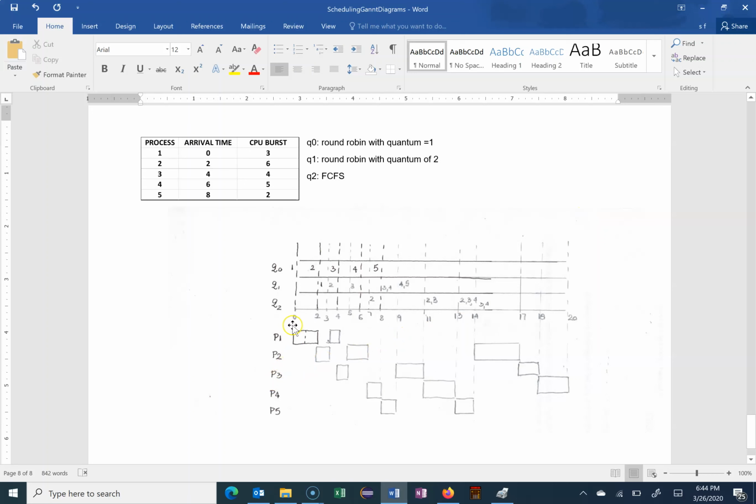Okay. So at moment 0, we have process 1 in the ready queue. Process 1 is scheduled. And again, here we have a very special case. There is no process arriving until moment 2. So we don't say, oh, process 1 will execute for a quantum of 1, then it's going to be preempted, then we schedule it again.